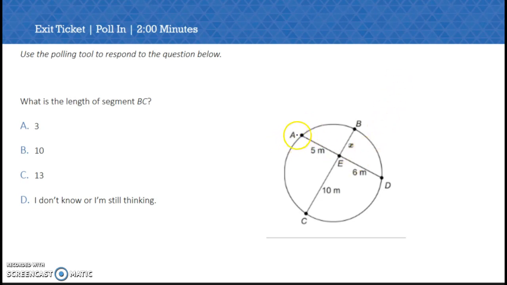So literally, if we look at chord AD here, we know that 5 is the first piece times 6 is equal to 10 is the first piece times x is the second piece.